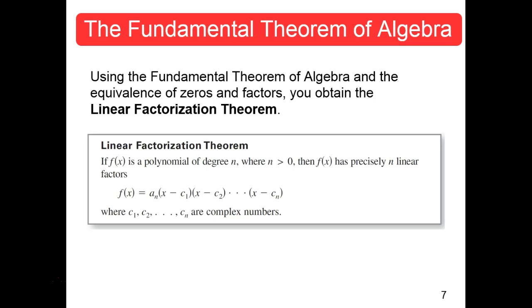They can be written this way, where c1, c2, up to cn, exactly the same number of roots as you have degree. Those are complex numbers. They could be reals, because real numbers are complex, and they could be duplicated. So 3 of these could be the same thing, 7 of them, or 2 of them. And some of them could be 0 as well.